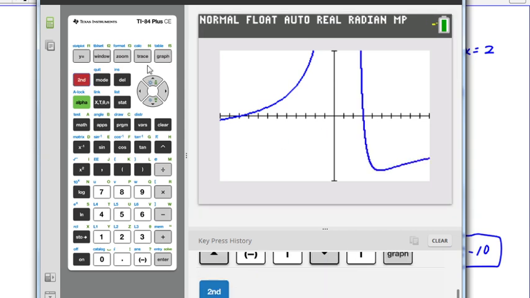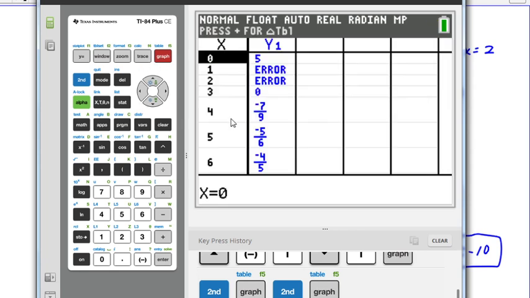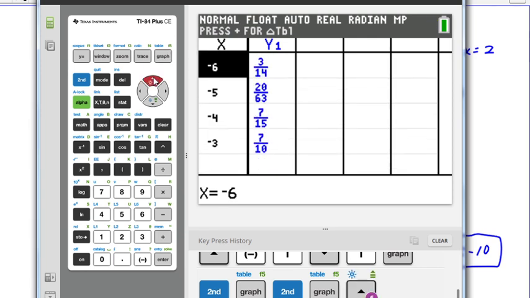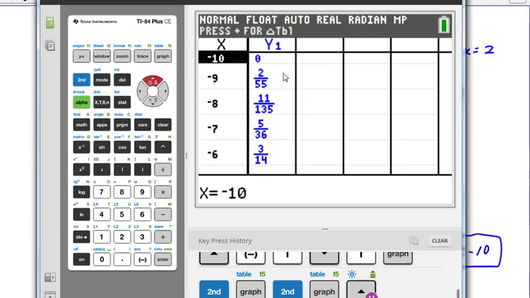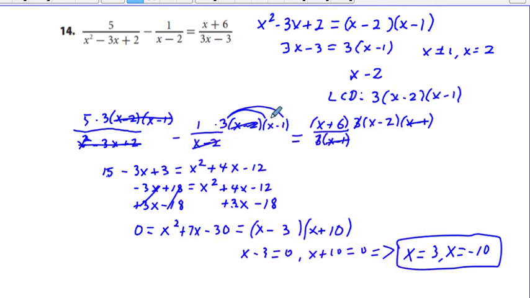If we go to table view, we can also see the second graph. There we go. We can see we have 3, 0 and we have -10, 0. So that's another way to work these out.